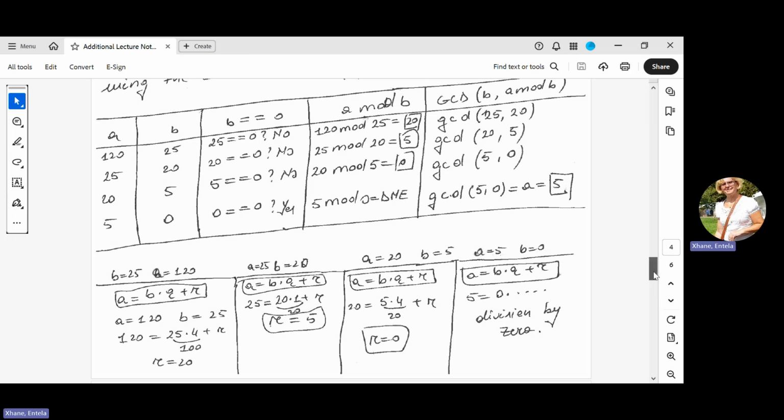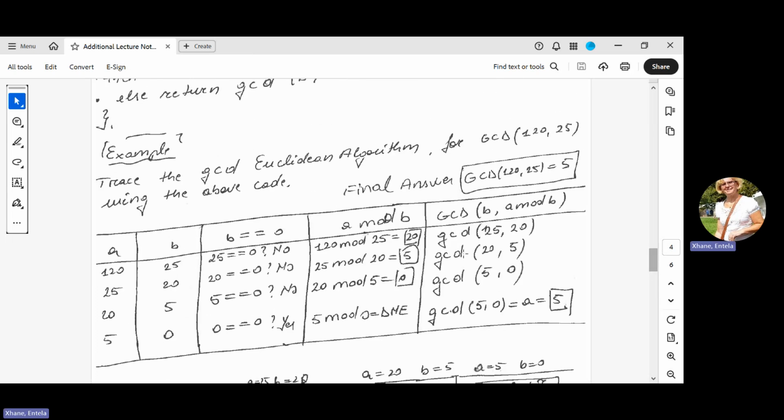So therefore, we have B is 20, and the remainder is 5, because it's the greatest common divisor between B, which is 20, and the remainder of the division of A by B. So the two new numbers for A and B are 20 and 5.